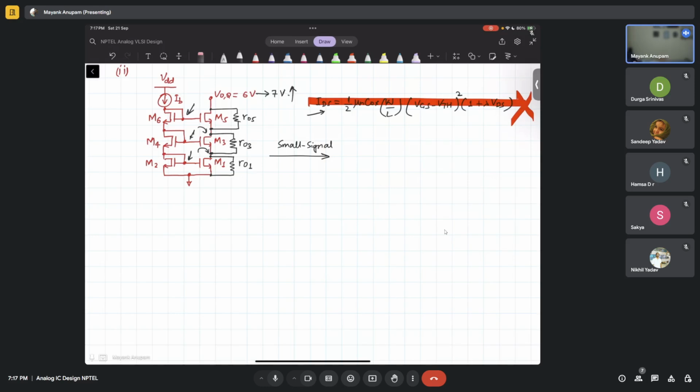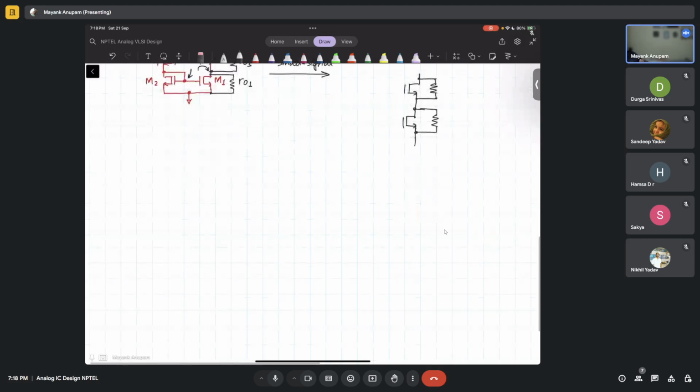I'm replacing the MOSFETs with their own MOSFET only, just replacing it with this MOSFET itself, so it is like this. It's just that I am putting a resistor like this. This is one, this is two, and then there is three.